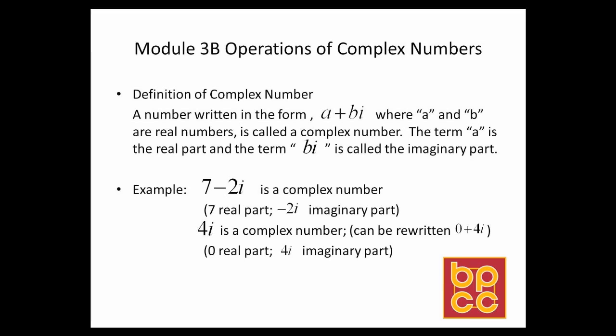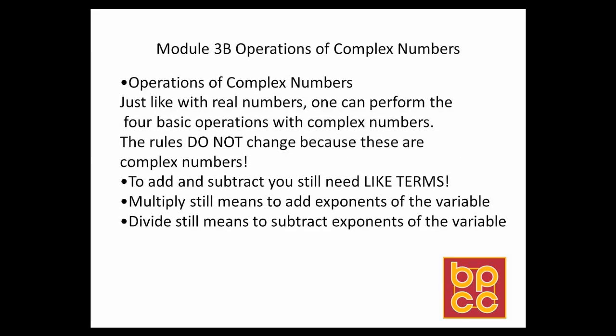Now, what we're going to do through this module is we're going to go over the 4 operations. We are going to learn how to add, subtract, multiply, and divide complex numbers. This directly relates to what you've learned in arithmetic and algebra. You can only add things that are alike. So if you think back to algebra, if I have an x and a letter y, can I add that? No, I cannot.